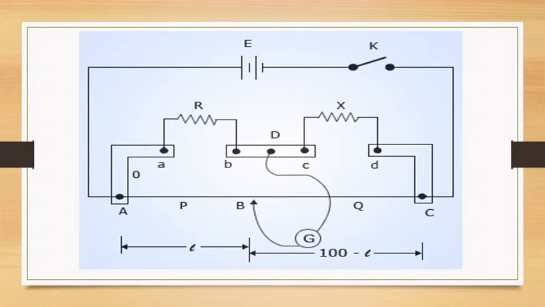When the bridge is balanced, the sliding contact divides the wire into two different lengths, segments L and 100 minus L. The resistance R is equal to the resistance of wire L, and the resistance X is equal to that of the wire length 100 minus L.